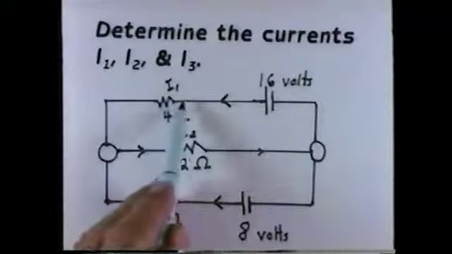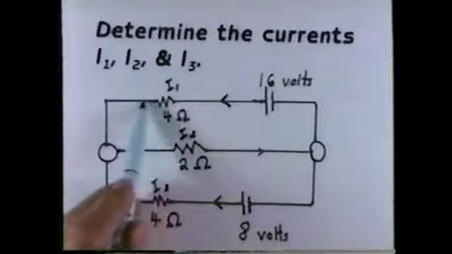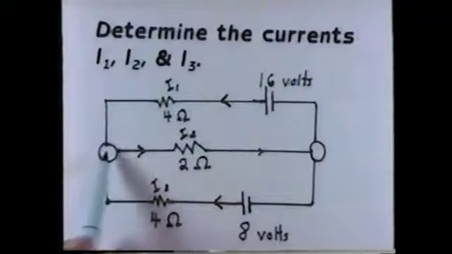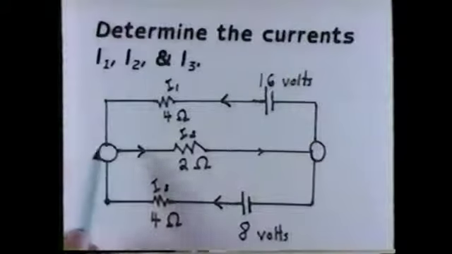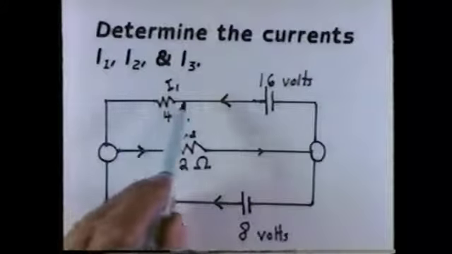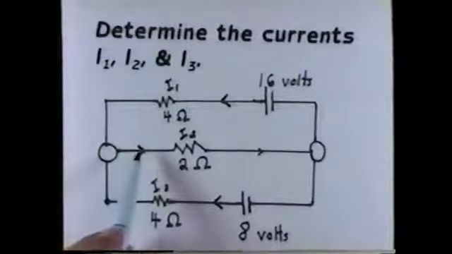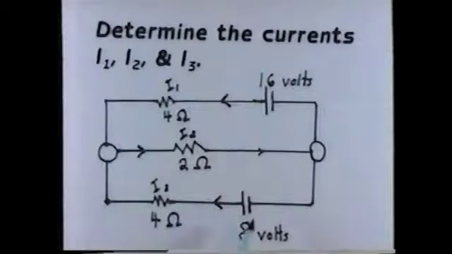We'll call this current 1. The current comes to a junction here, and we have the current flowing this way. But out of the 8 volt battery, we have current coming this way.